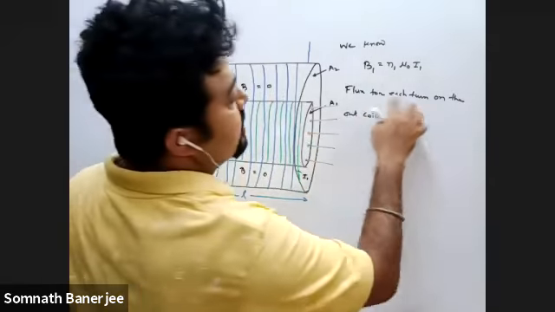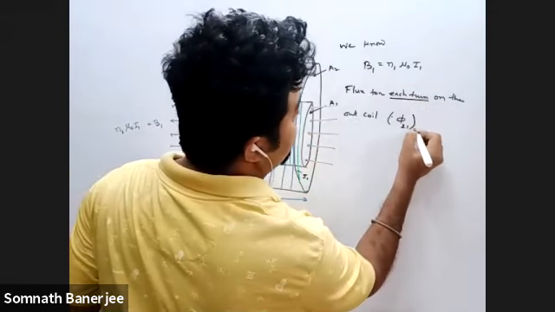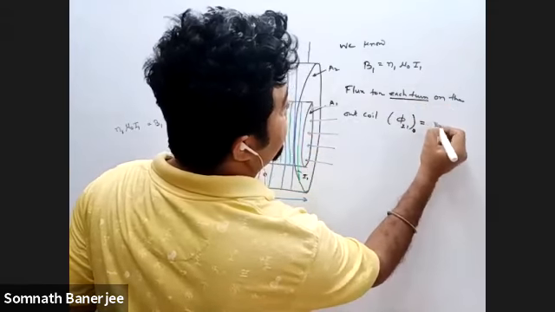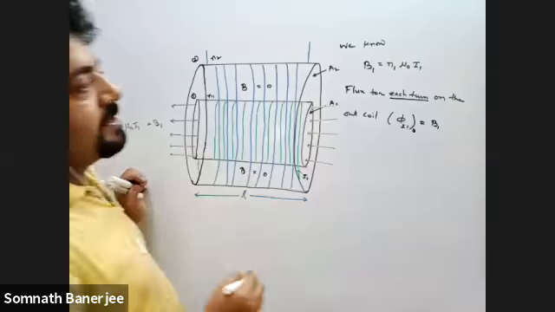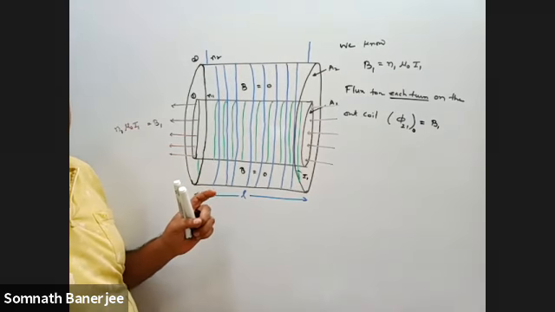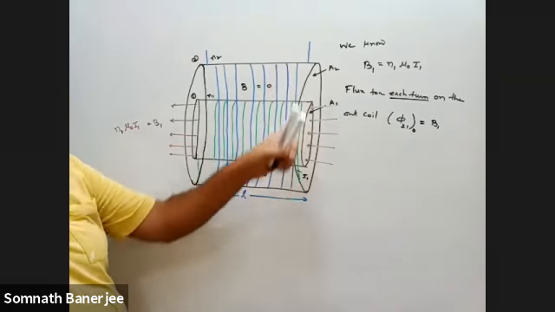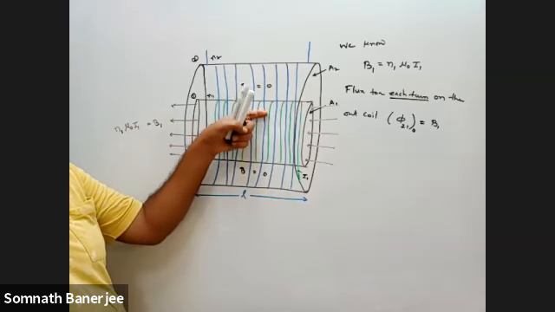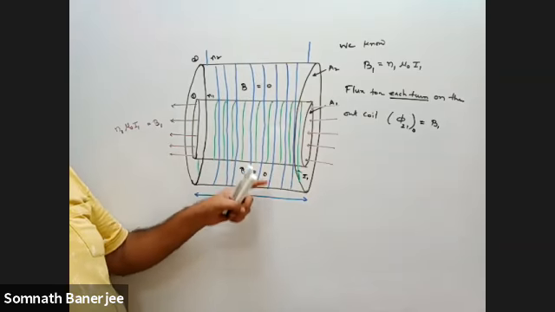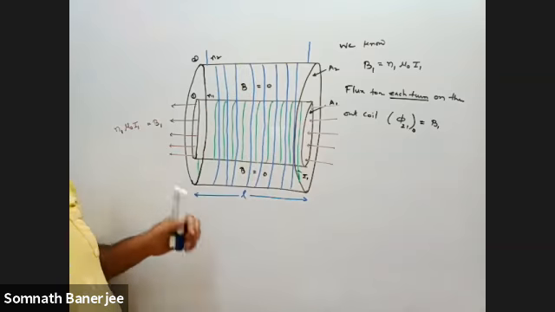That is B1, but we are not using area A2, because outside this coil the magnetic field is 0. So we use A1.